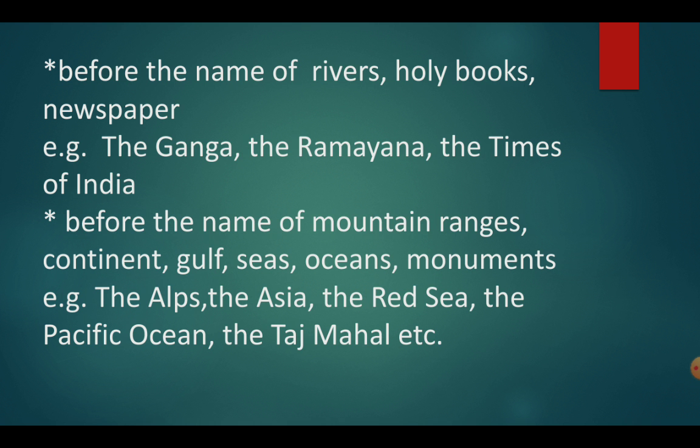Next, we use the before the names of mountain ranges, continents, gulfs, seas, oceans, monuments, etc. For example, the Alps is a mountain range, the Asia is the name of the continent, the Red Sea is a sea, the Pacific Ocean is the name of an ocean, and the Taj Mahal is a monument. So we use the before the names of these nouns also.